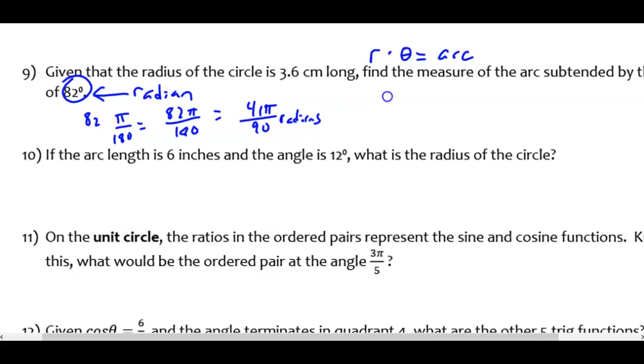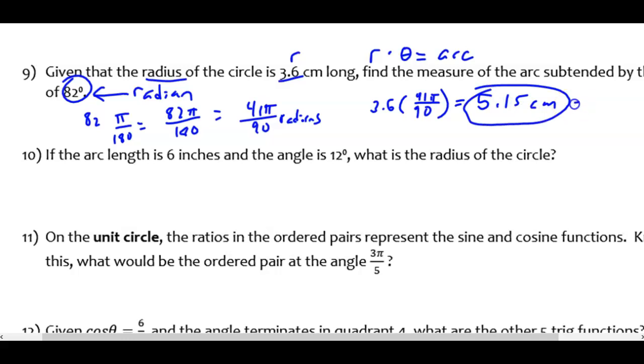So if we go r, let's say the radius right here, 3.6, we go 3.6 times 41 pi over 90. We'll get our arc. So you can punch that in your calculator, guys, and you get 5.15 centimeters. And this is our arc.